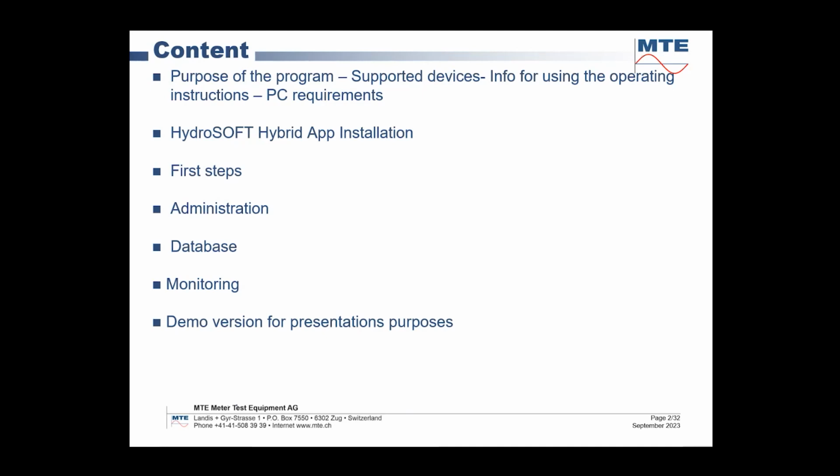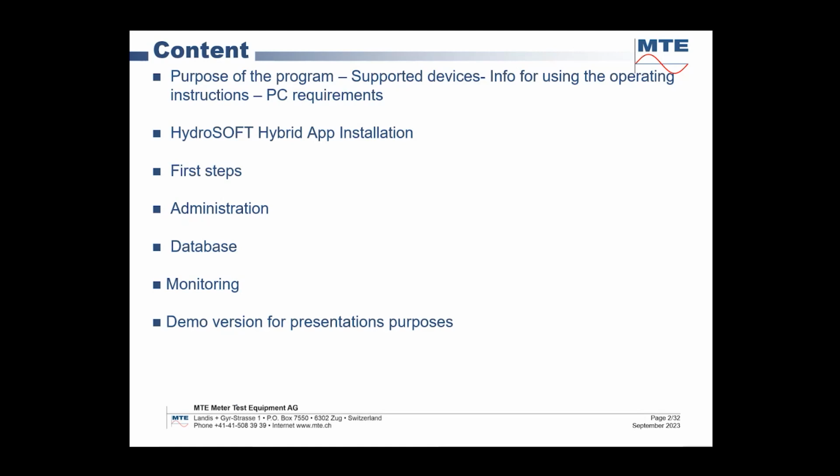The second topic is about the installation of HydroSOFT Hybrid App. I will explain which steps are important to follow. Then we will talk about the first steps, and then we will go a little bit more into detail about the administration parts.